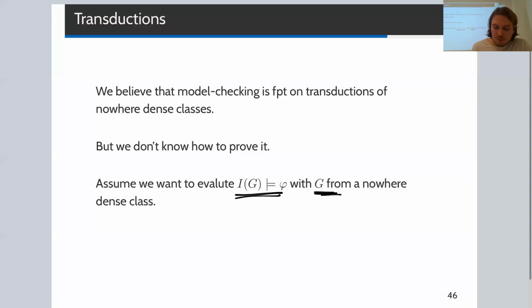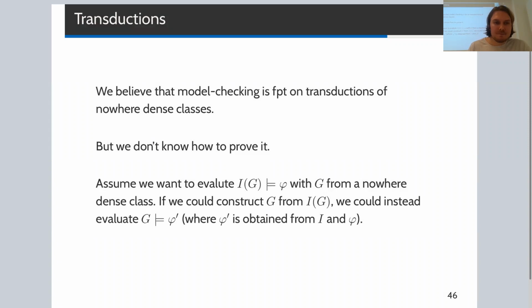And if we could compute this graph G', then everything would be fine. We would just do this trick that we discussed earlier by modifying the formula a little bit and instead evaluating it on the pre-image G'. But apparently this is quite hard to do. We don't know how to compute this kind of pre-images.